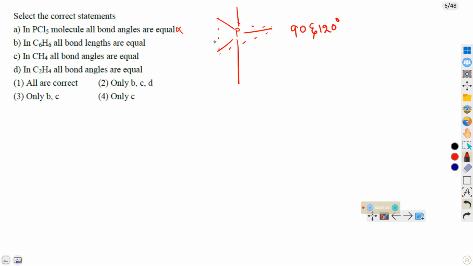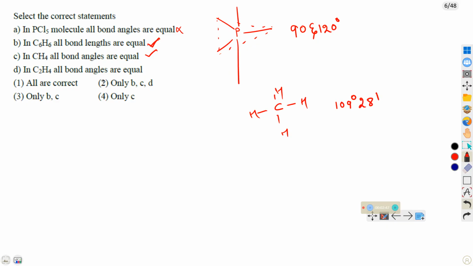So that's the reason the first statement is wrong. In C6H6, all bond lengths are equal. Correct. In CH4, all bond angles are equal because CH4 is tetrahedral. Correct. What is the bond angle? sp3 hybridization, bond angle 109 degrees 28 minutes.